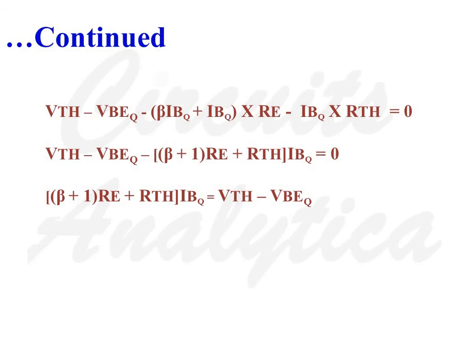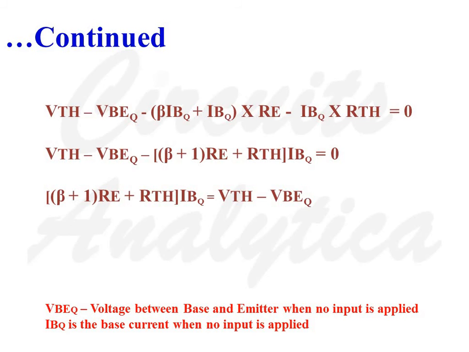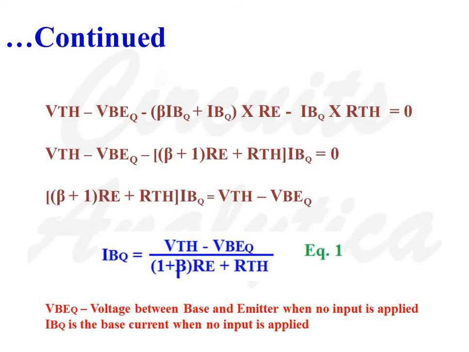Therefore, we can write beta plus 1 into RE plus RTH, into IBQ is equal to VTH minus VBEQ, where VBEQ is the voltage between base and emitter when no input signal is applied, and IBQ is the base current when no input signal is applied. Therefore, IBQ is equal to VTH minus VBEQ, divided by 1 plus beta into RE plus RTH. Equation number 1.